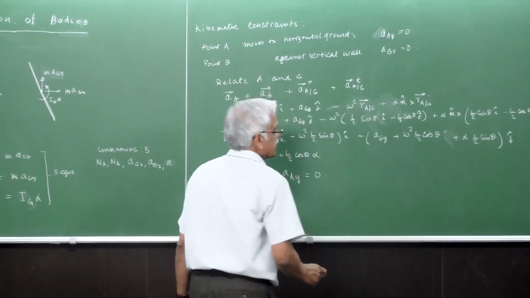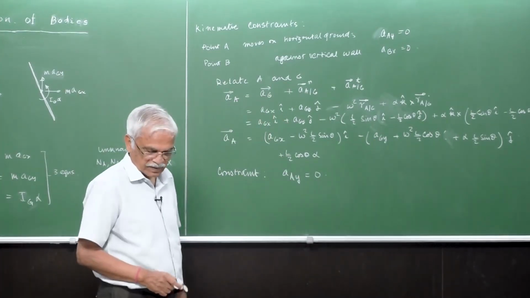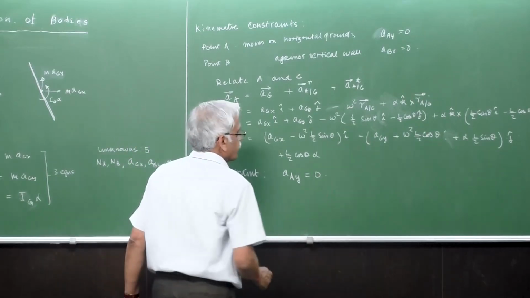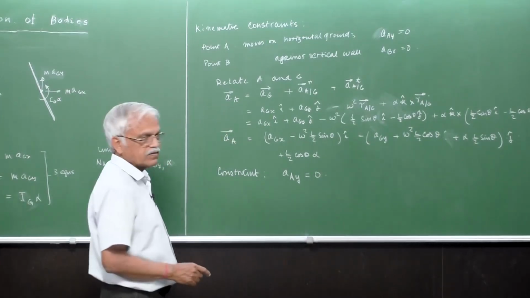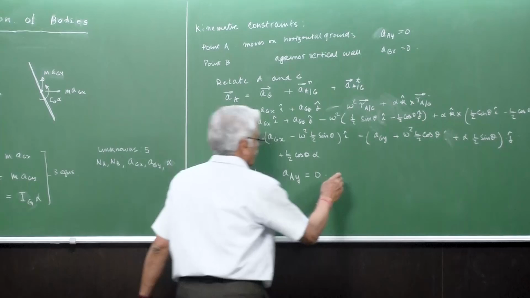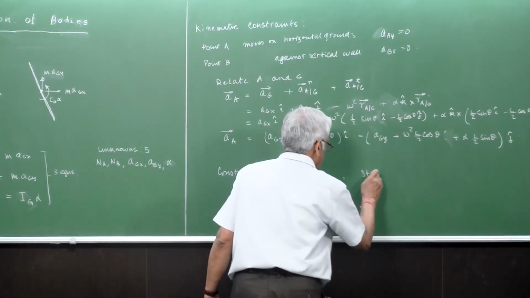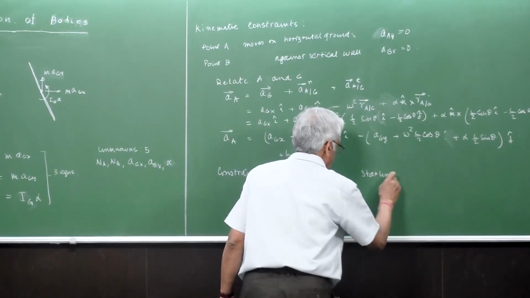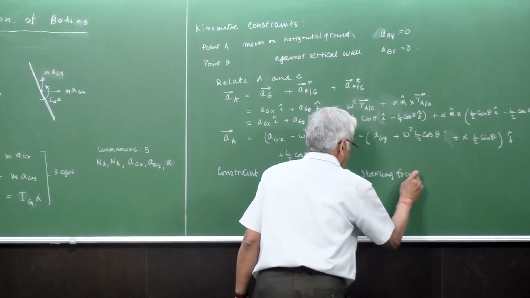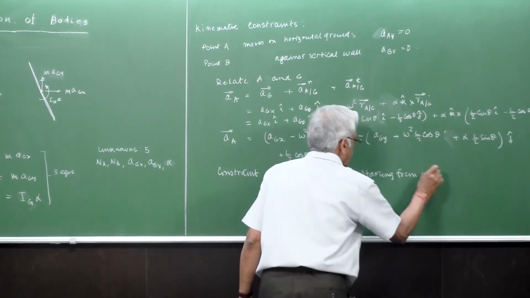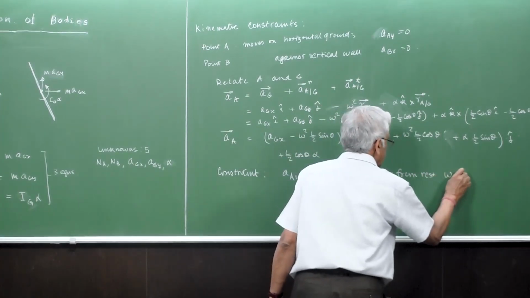So this is the jth component, right? And further, since it is starting from rest, we also use omega is 0.